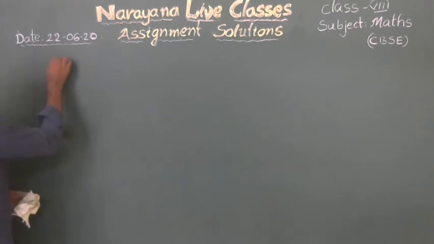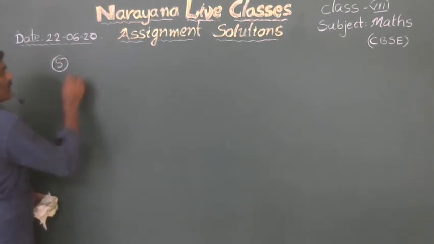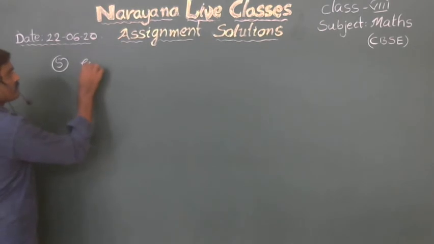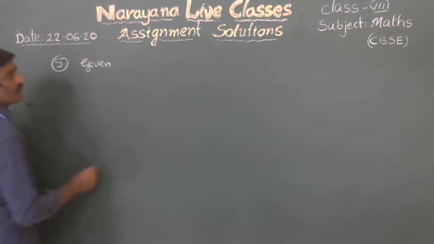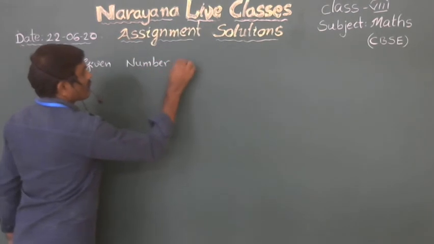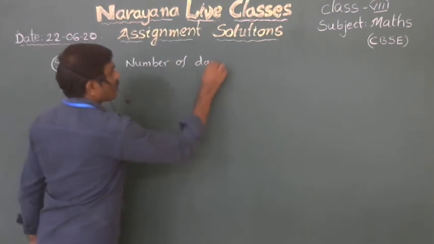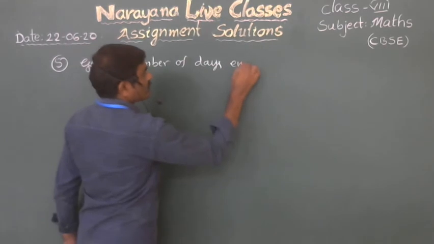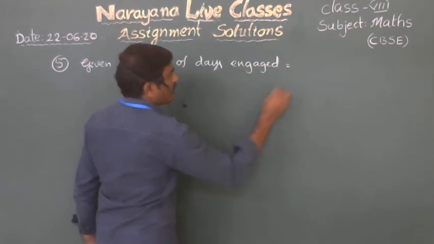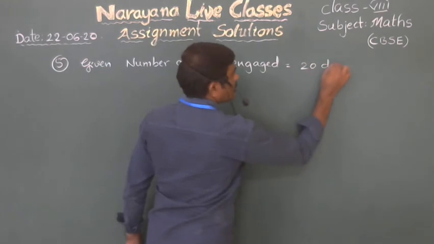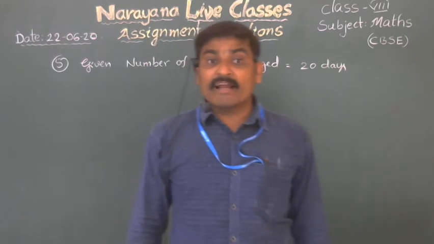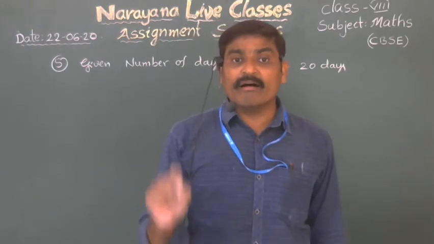So, the last, fifth question. Given: number of days engaged is equal to 20 days. What are we required to find? For how many days he remained absent.